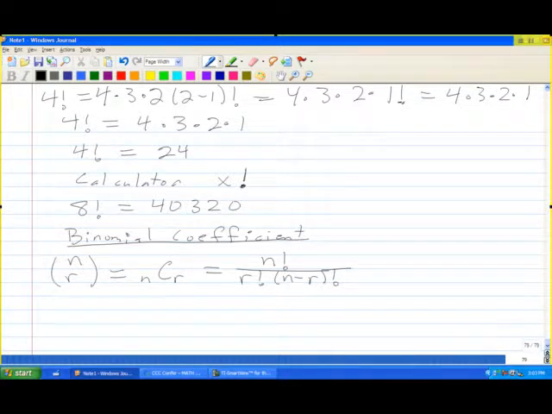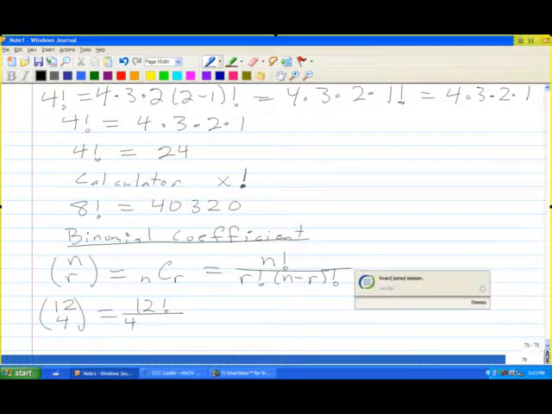Suppose I wanted to calculate 12C4. I would do 12 factorial over 4 factorial times 12 minus 4 factorial.